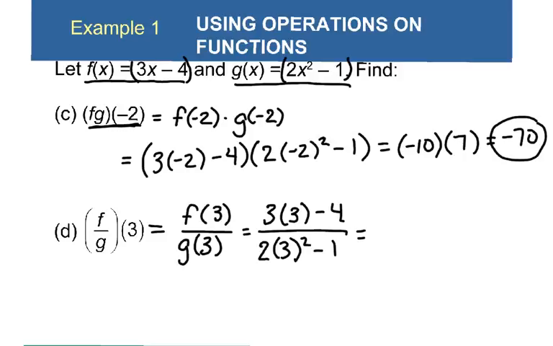So the numerator, what that gives us is 5. And then in the denominator, that gives us 17. Cannot reduce that any more than what it already is. So this is our solution for f divided by g of 3, 5 over 17.